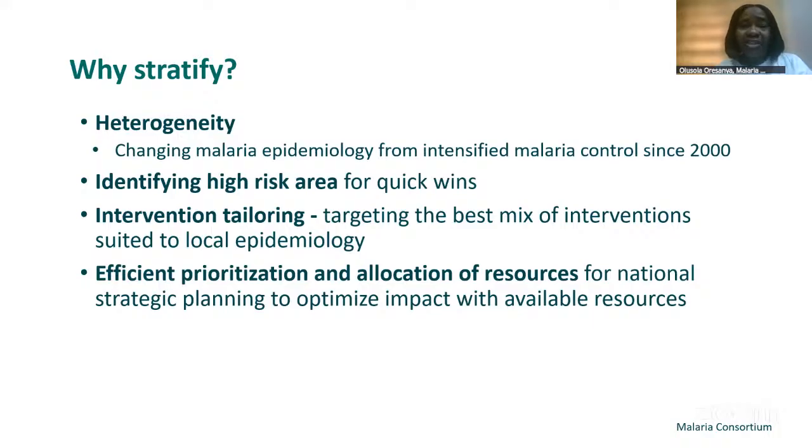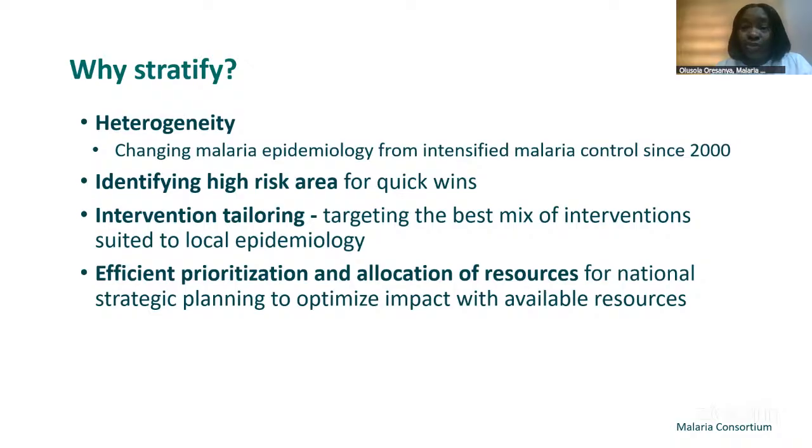And then the last reason why we stratify is for efficient prioritization. We know that resources are limited, especially now in the fiscal space around the world, in the development world. We all know how tight it is right now, and it's not getting better.